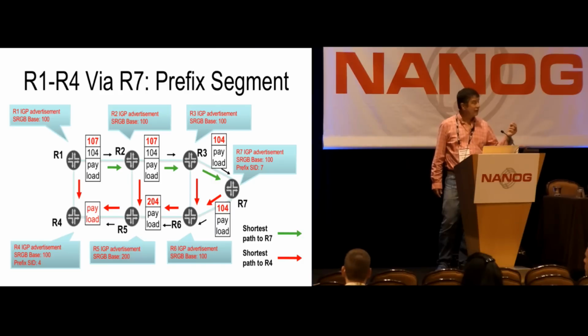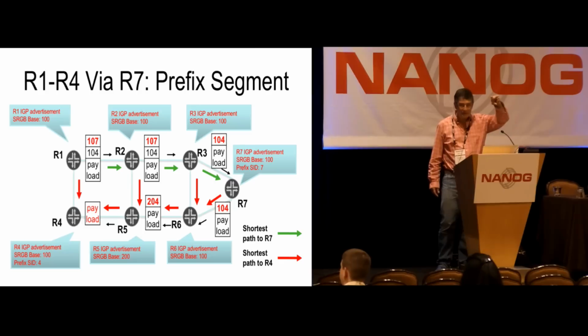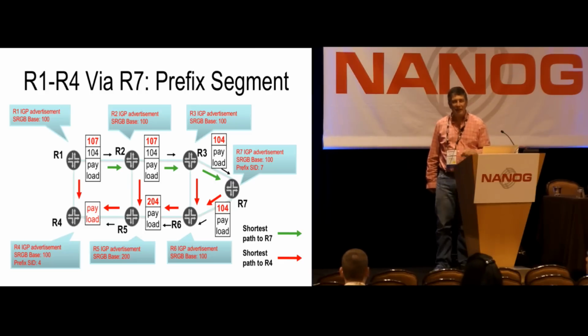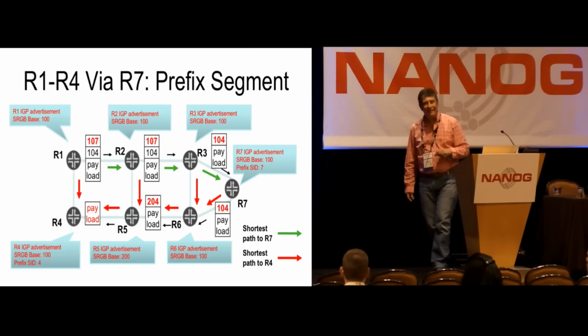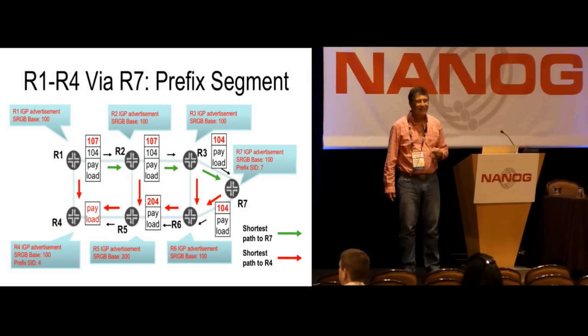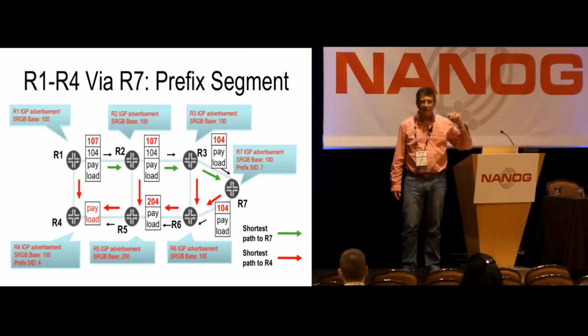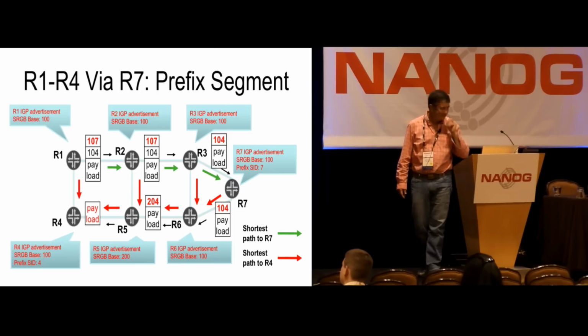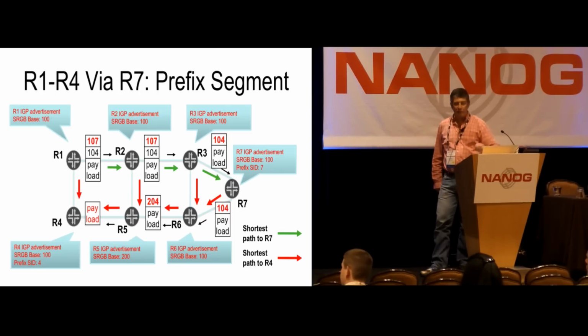This SR path has how many segments in it? 2. How many labels on the label stack when it leaves R1? Why? Right, every member of the label stack represents a segment in the path. That explains why there are 2.